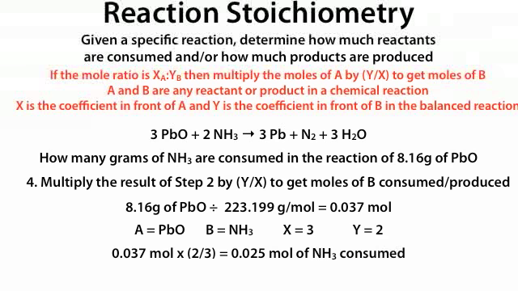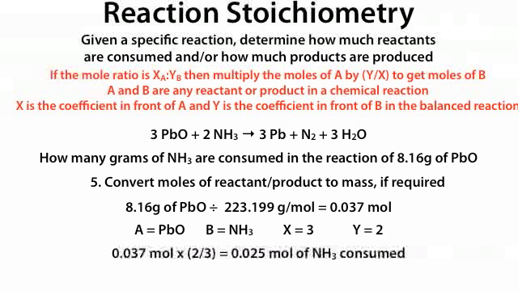We do that here to get 0.025 moles of NH3 consumed. NH3 is consumed because it's a reactant. If we were solving for a product, then we would have moles produced. But in this case, we consume 0.025 moles of NH3.